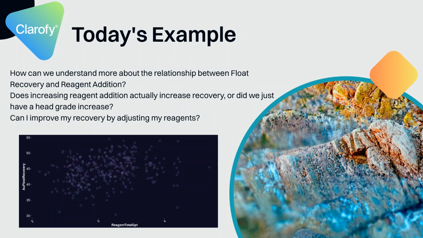So can we reduce our reagent dosage while keeping our recovery up, and therefore get a cost benefit? If you attended our hypothesis webinar, we go a lot into what that ultimate question is that's going to direct our analysis. That's a great one, I would recommend it if you haven't already attended.